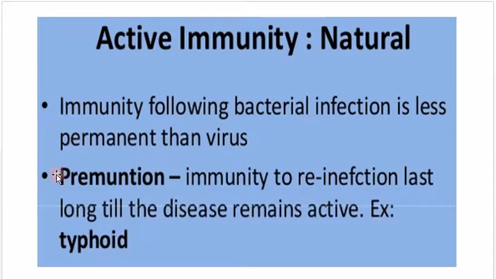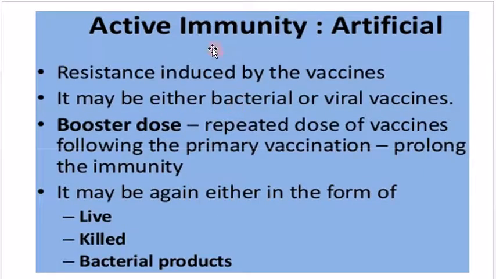Active natural immunity also applies to bacteria, for example typhoid, which can be treated in a similar manner. Active artificial immunity, as we already know, is something where the pathogen is killed, or a byproduct is put into the body, so that the real pathogens need not be put into the body.